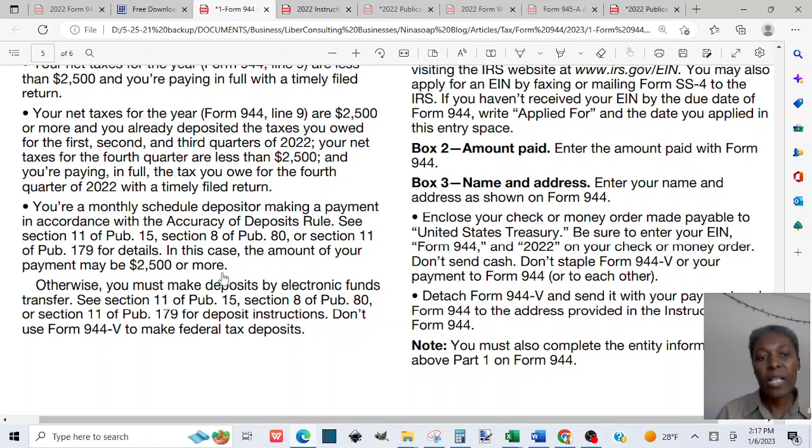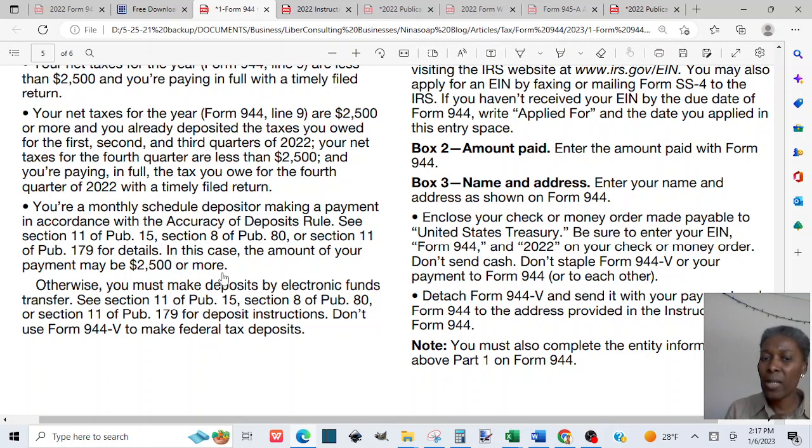So if you are a monthly depositor, so that means every month you make deposits, and they have that case that if your payment amount is more than 2,500, I think pretty much what they are trying to say is the last month payment, you can make that with your tax return Form 944 if you are filing it on time.